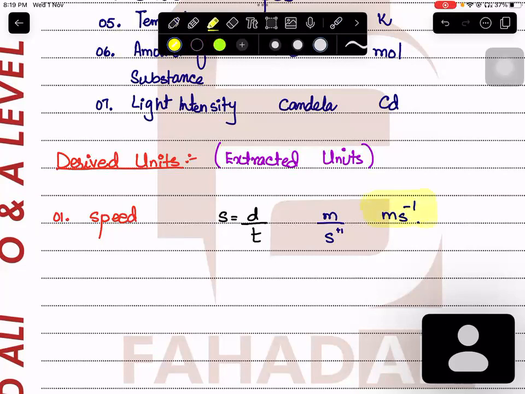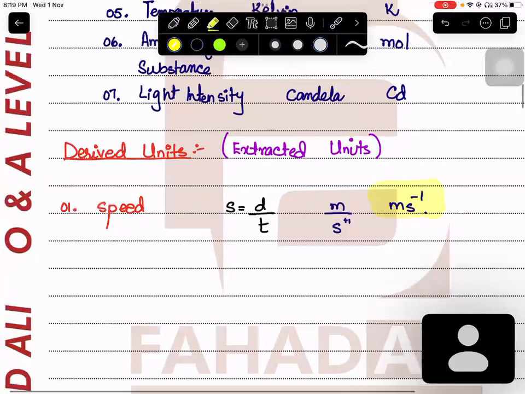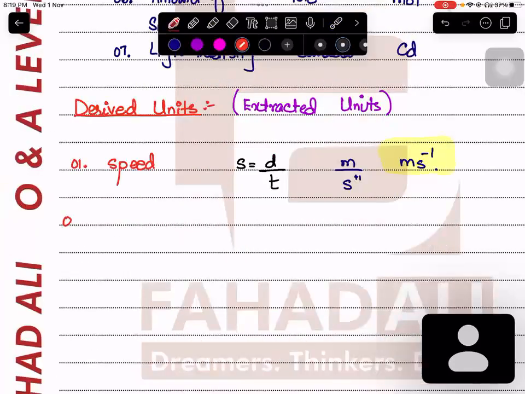Okay, sir. Girls, if I talk about velocity, the formula is displacement over time. Again, meters per second will become m s^-1. Is this clear, girls?